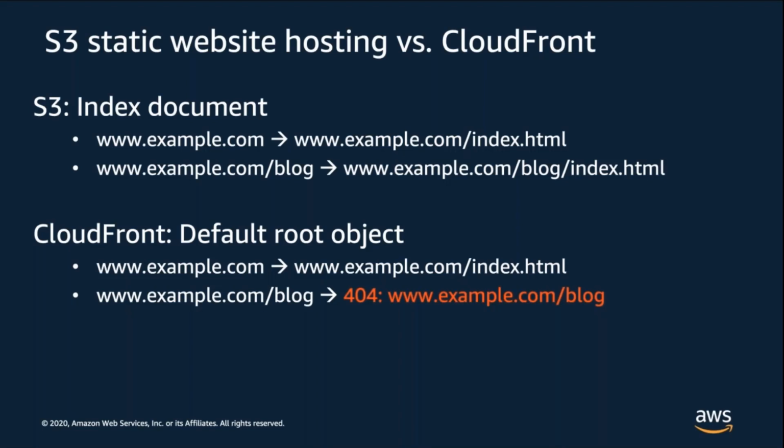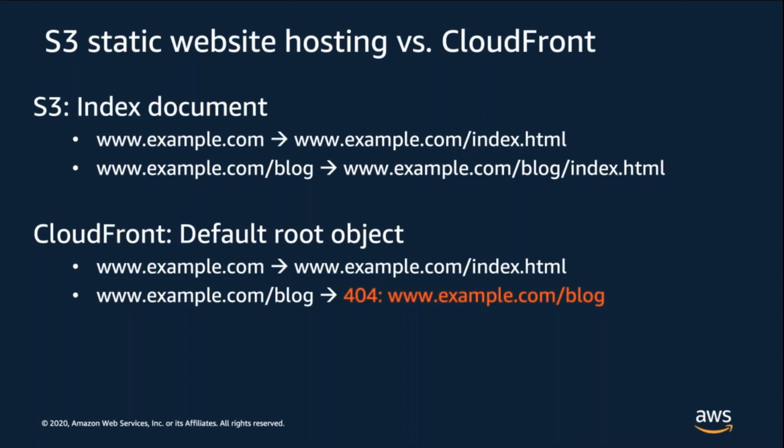However, the default root object only applies to the root directory, not the subdirectories. So for example, if you set up index.html as the default root object in CloudFront, and a user went to www.example.com, CloudFront would rewrite that request to www.example.com/index.html on the way to S3, which is what we'd want.